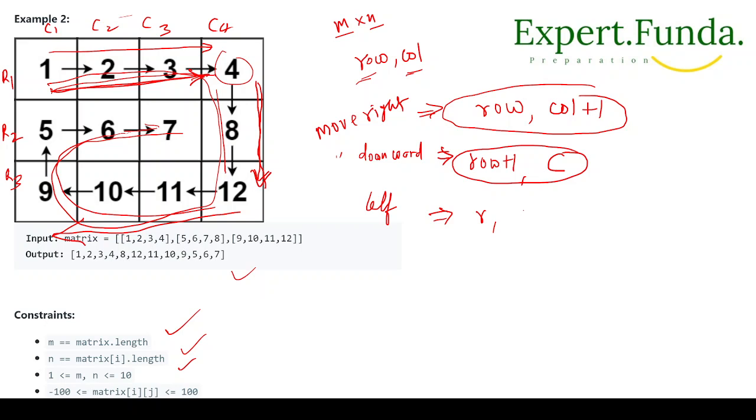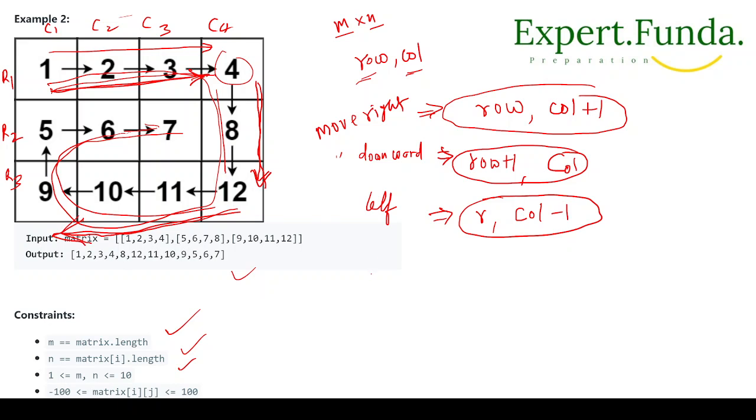Only the column changes: column minus 1. So this will become 4. We are moving to the left side, from right to left.